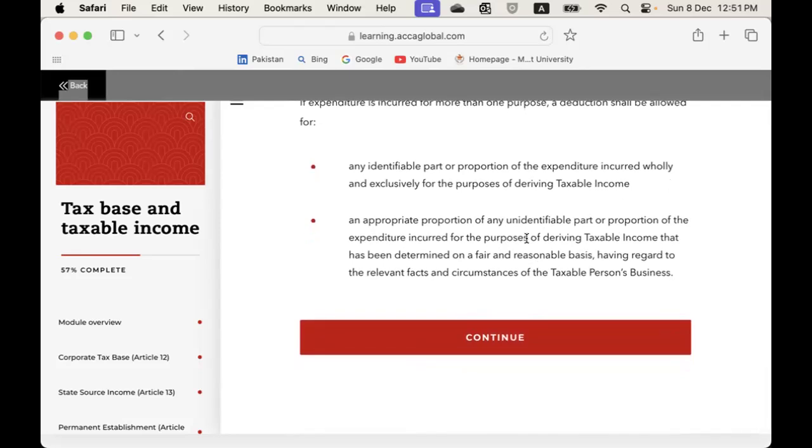So generally, courts of law accept revenue-based allocations as well as apportionments. And the same thing has been identified in the corporate tax law as well, in the guidance and in the decisions.